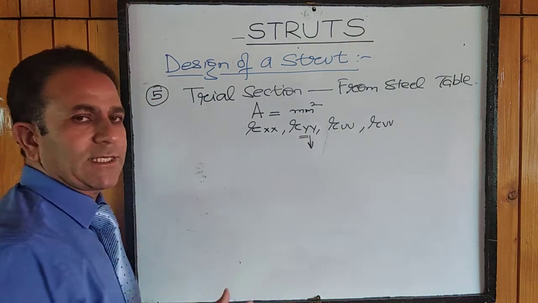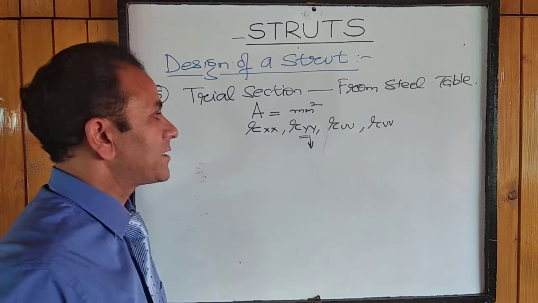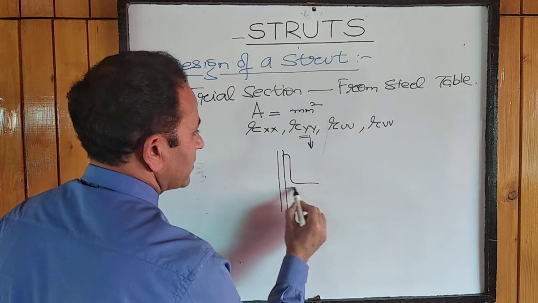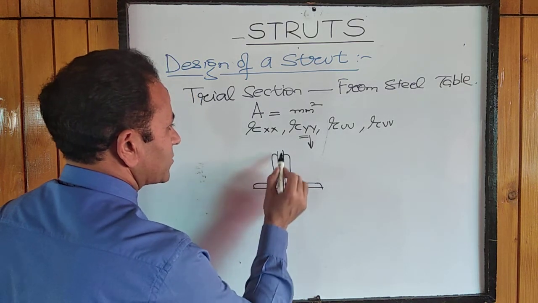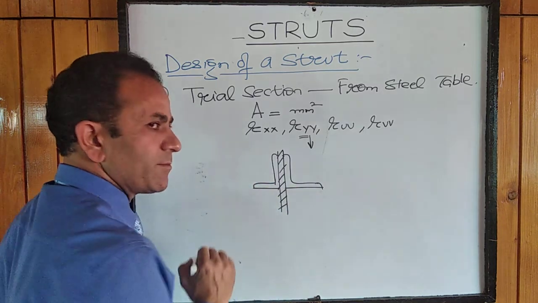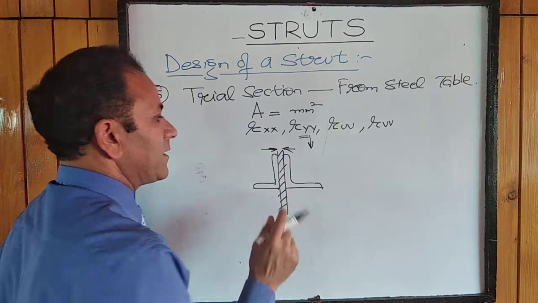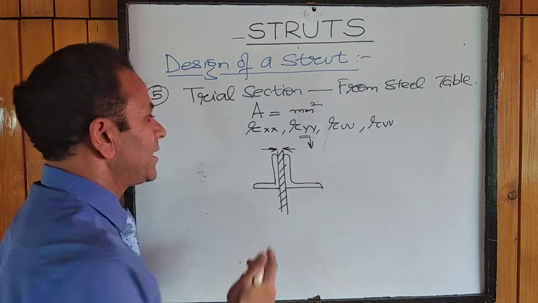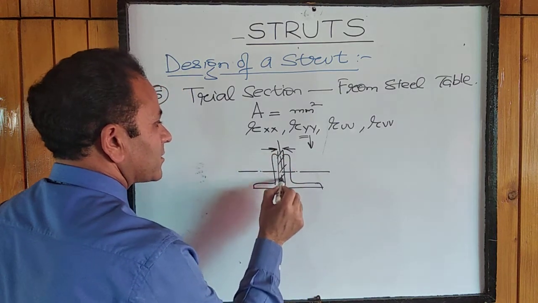If the thickness of the gusset plate is not available, say for example, in a case of a double angle section connected on either side of the gusset plate like this, where the thickness of the gusset plate is the back-to-back distance between the two. If this thickness is not available in the steel table, then we have to calculate by the standard procedure.